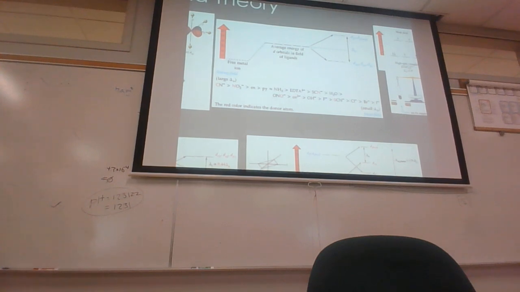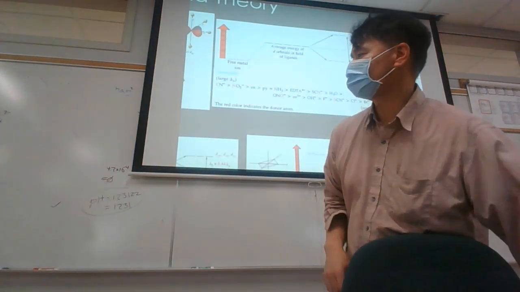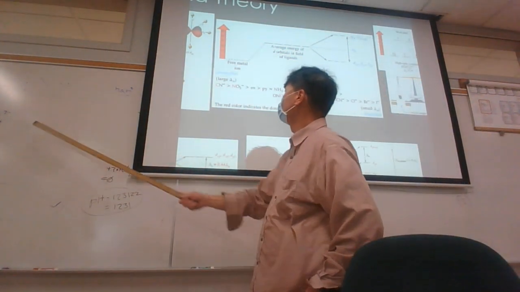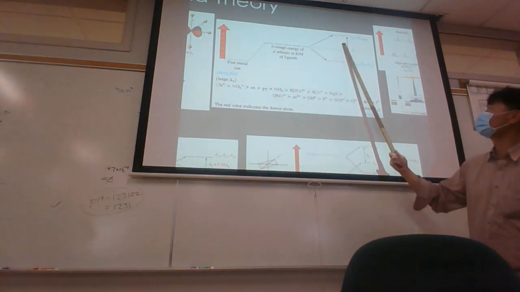And so if we look at copper with cyanide versus copper with chloride versus copper with water, we'd expect different colors. And the different colors is because of this. Cyanide is what we call a strong field ligand, which is going to lead to large splits here.